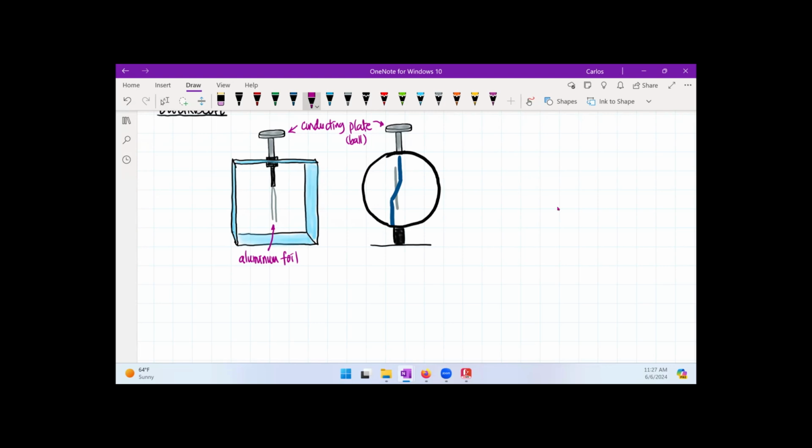Over here, you have the blue piece and the gray piece. These are aluminum, I call them needles, that are ultra sensitive to electric charge.